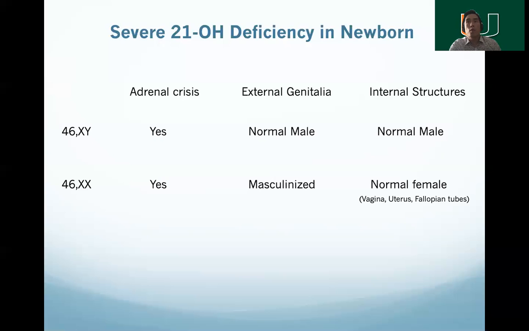This is a very important point. They have androgen, but they don't have AMH. So the Müllerian duct structures did not regress. It develops into the upper two-thirds of vagina, uterus, and fallopian tubes, right? This is very important. It's going to come back and help you when we do the case illustration.